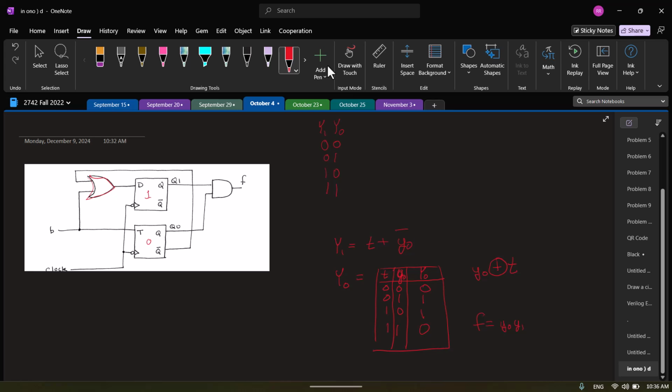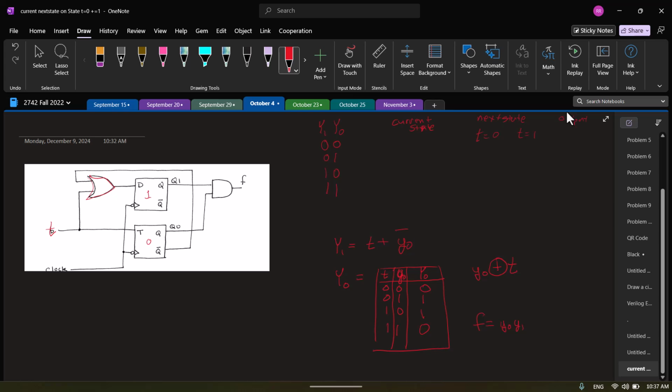All right. So now I want to do my state assign table. So I'll have my current state, and I'll have my next state, and I have, that's a B, not a T. Well, I'm going to keep calling it a T. So T equals 0, T equals 1, and output.